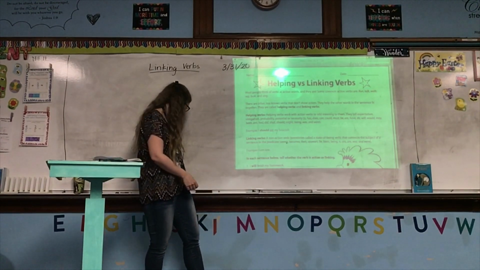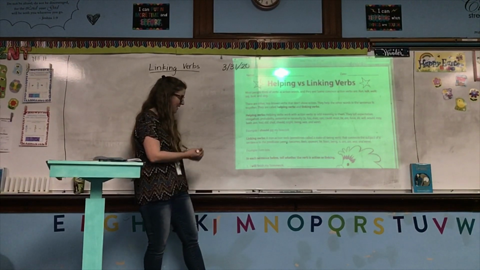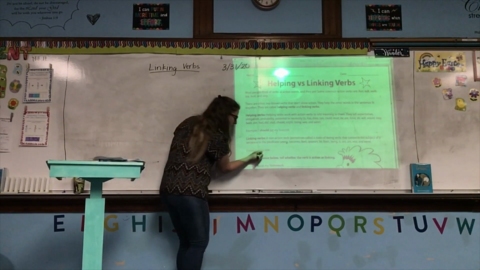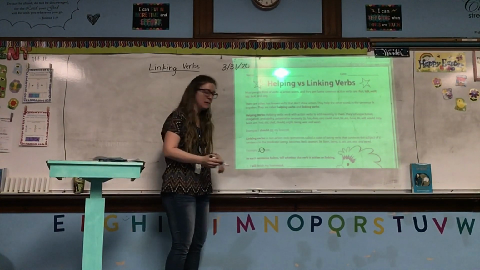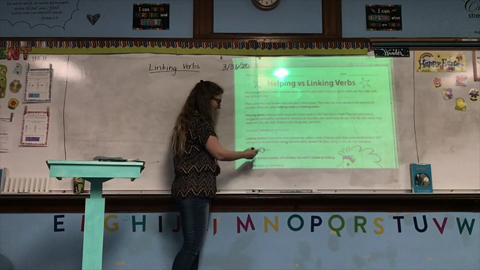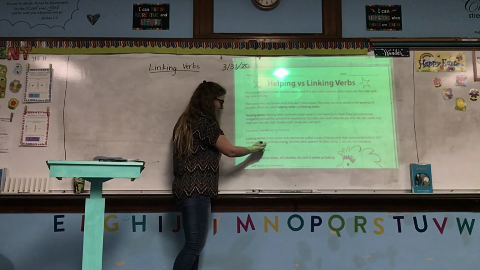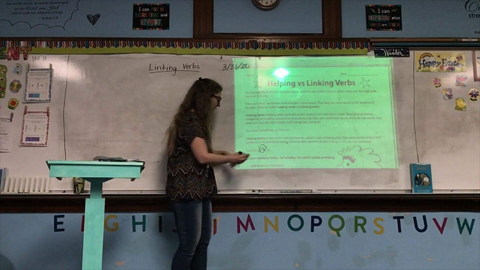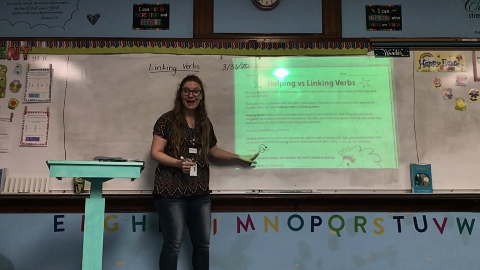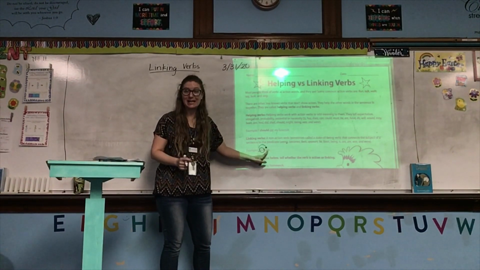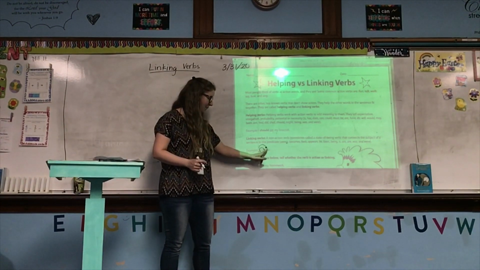So, for example, I am late. We have the subject I, we have the linking verb am, and then we have an adjective. And that linking verb, am, tells us that I goes with late because I am late.